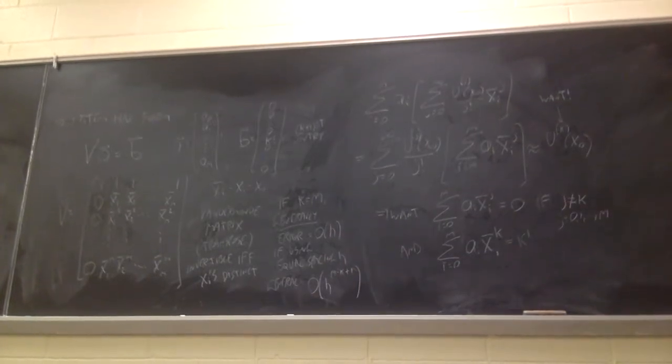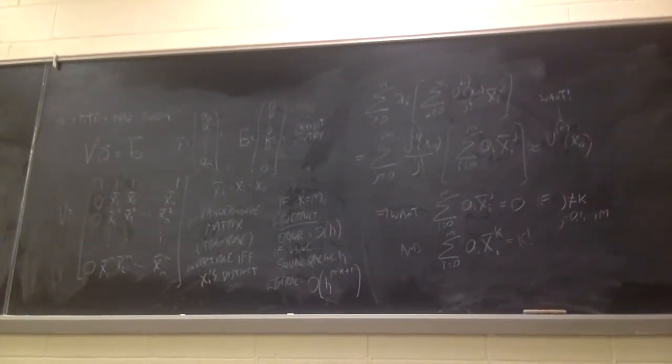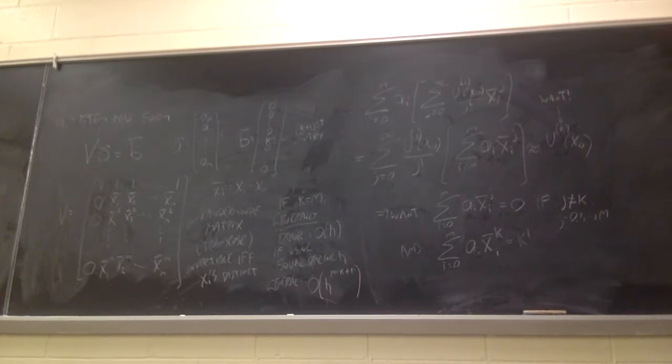Okay. I mean, there is a close connection between approximating derivatives by finite differences and polynomial interpolation. I was hoping I could make that tie-in easily just from what I already have written on the board, but it doesn't seem to really be working out that way.